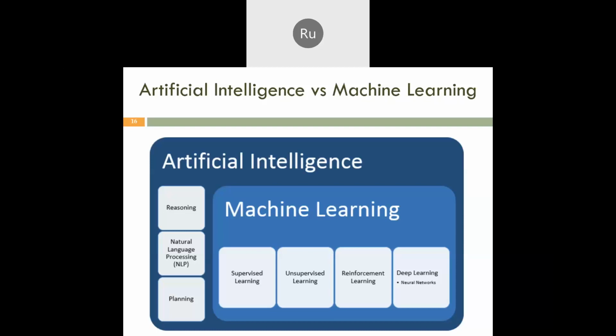Machine learning is under AI. Like I mentioned just now, AI is a systematic study on how to mimic human intelligence that includes reasoning, speech that includes natural language processing, and planning and so on, and some more here like computer vision.